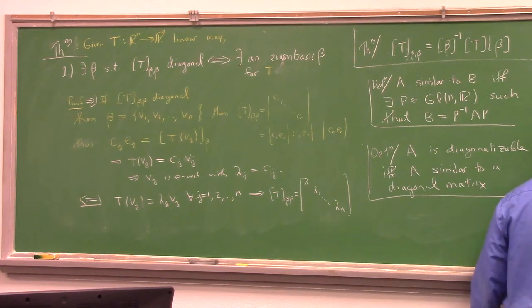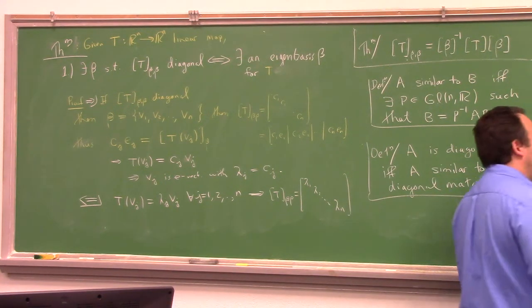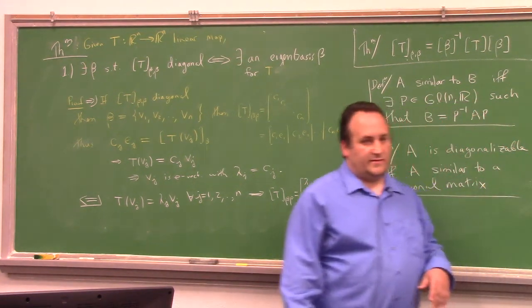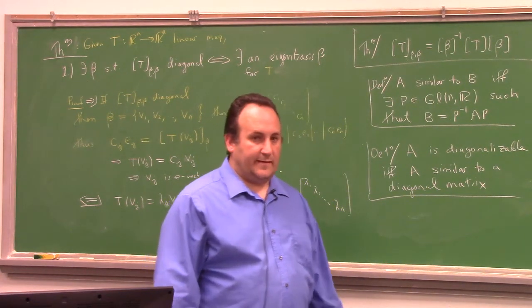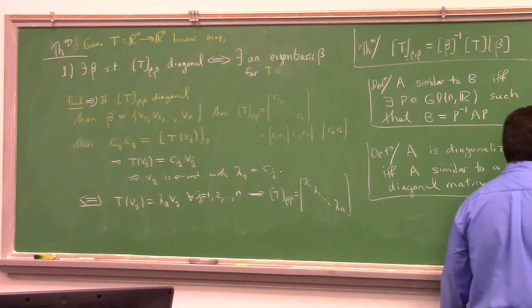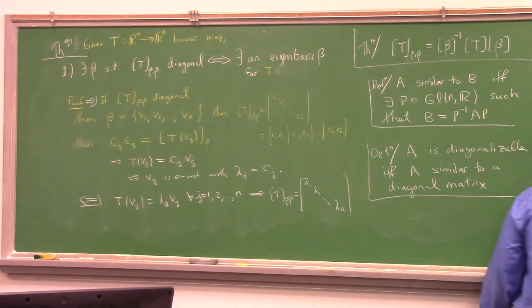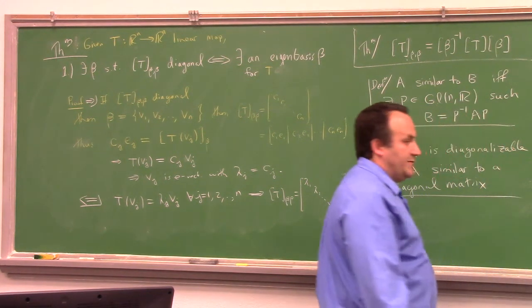V1, V2, V3 is linearly independent, right? So you have a linearly independent subset of R3 with 3 vectors. What can you tell me about that? You guys tell me, what does it mean to have a linearly independent subset of R3 with 3 vectors in it?